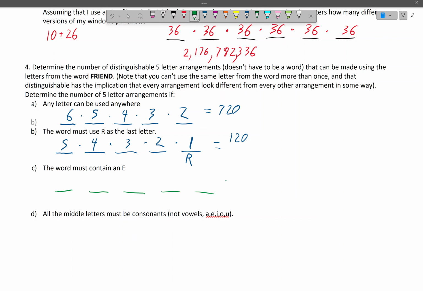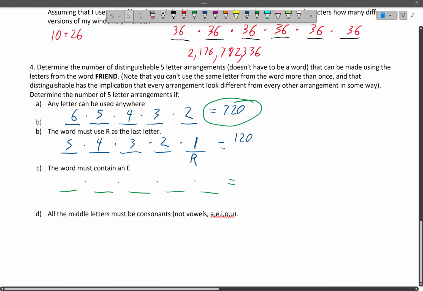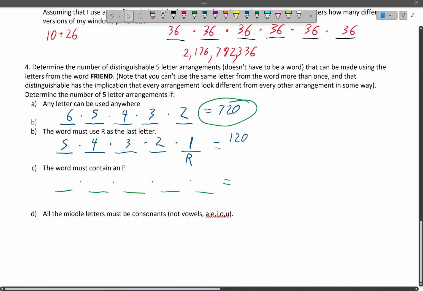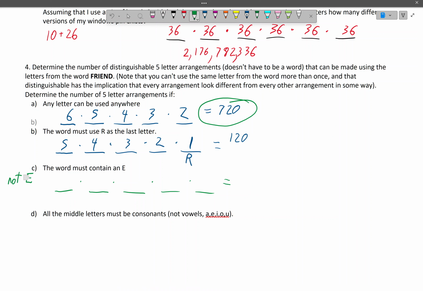Well, I'm going to suggest that the best way of doing this is actually to think about it without the E. So what if we just do the total number of options, which was this one, but we subtract the option that was not favorable, like not the one that we wanted. So what if we do not E as an option? Then we'll have 5 different choices because it's F, R, I, N, D.